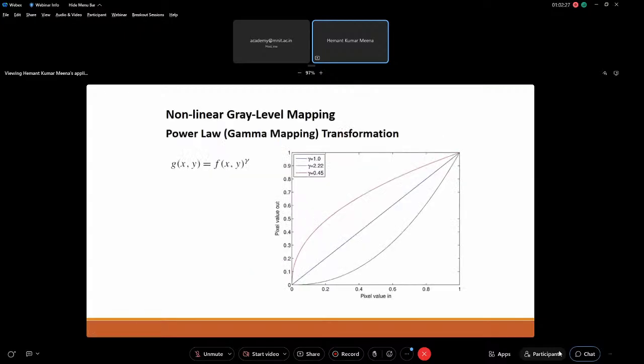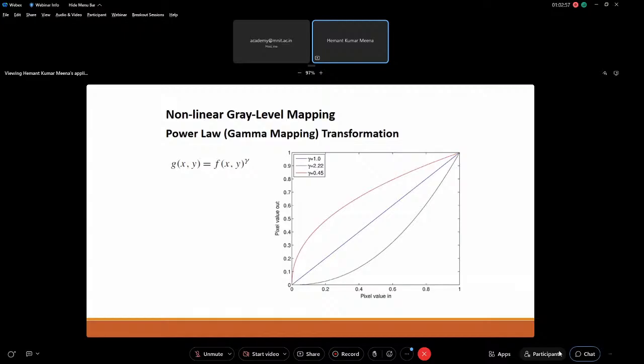Now we come to part C, non-linear gray level mapping. It is not always necessary that only one type of processing is used; it is the objective which defines which thing will be suitable. Here it is gray level mapping. The line at 45 degrees is the baseline, where gamma is 1.